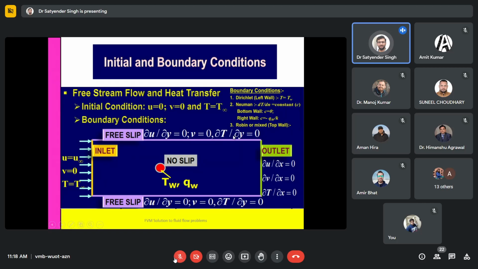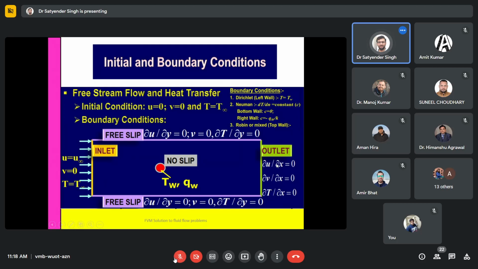We write del T by del y equal to 0, and for a free slip we represent del u by del y equal to 0, and the v velocity will be 0 here. For a no slip, we have to change this differential to u and v equal to 0. In a mixed condition, both Dirichlet and Neumann are involved as a boundary condition.